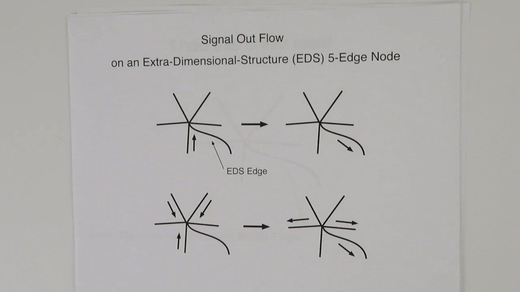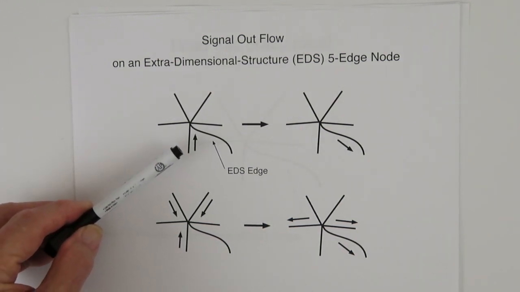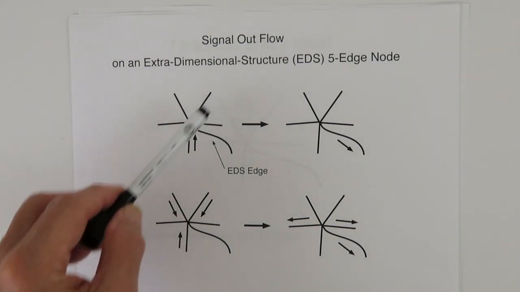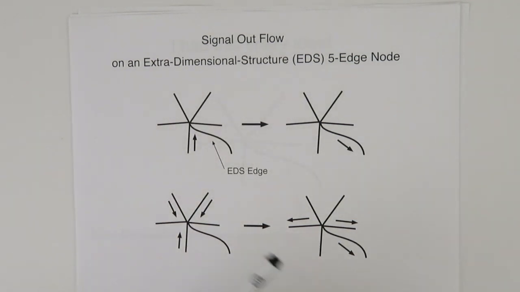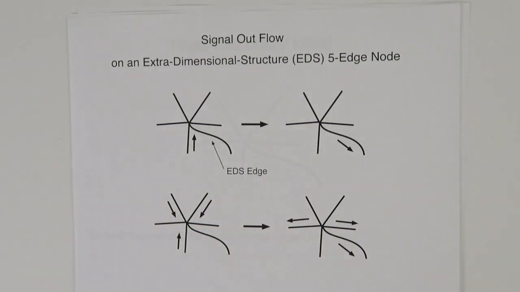Now we can reanalyze how signals flow or might flow at a 5-edge node. So consider again the example of one signal approaching. Before we didn't know which way the signal should go. But now we could say, for example, that the signal goes out on the extra dimensional structure edge.